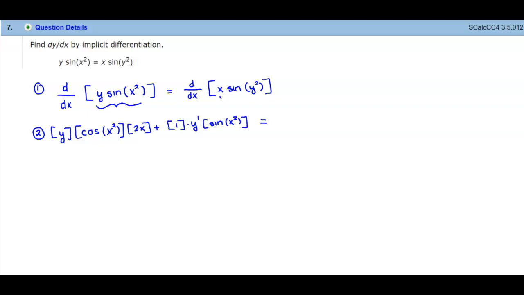So again, we're going to use the product rule over here. So we're going to take x and then multiply it by the derivative of the outside function, sine y squared.